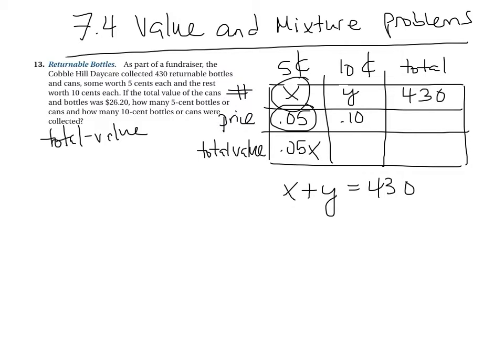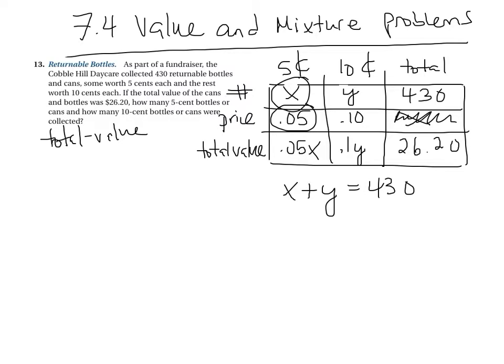0.05x. The total value of the 10-cent cans is 0.1y. And we happen to know that the total value of all of the cans and bottles was $26.20. We can actually leave this box empty.